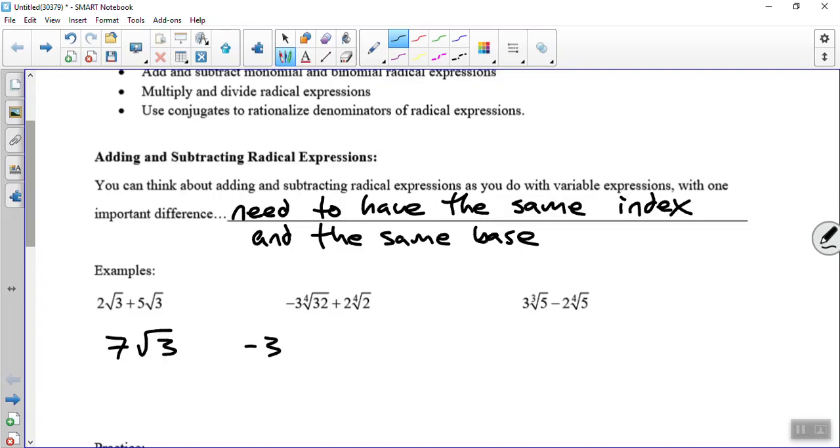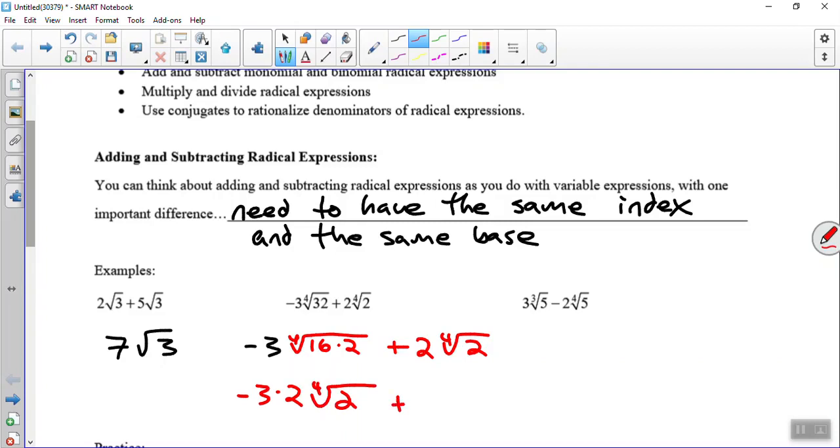I can reduce a fourth root of 32, because 32 has a factor that has a perfect fourth root. I could take out 16, and now I've got negative 3 times 2 times the fourth root of 2 plus 2 times the fourth root of 2.